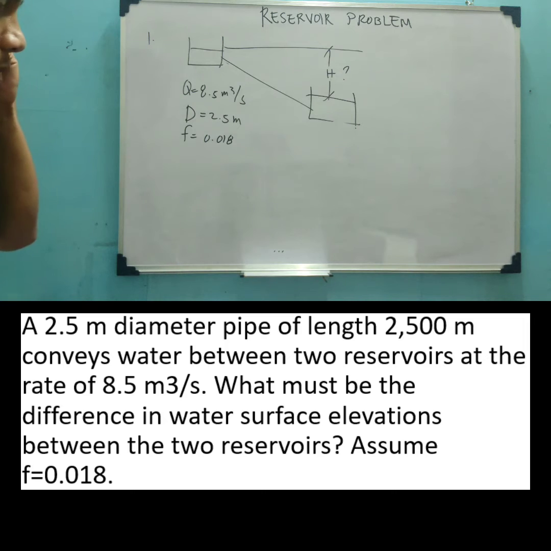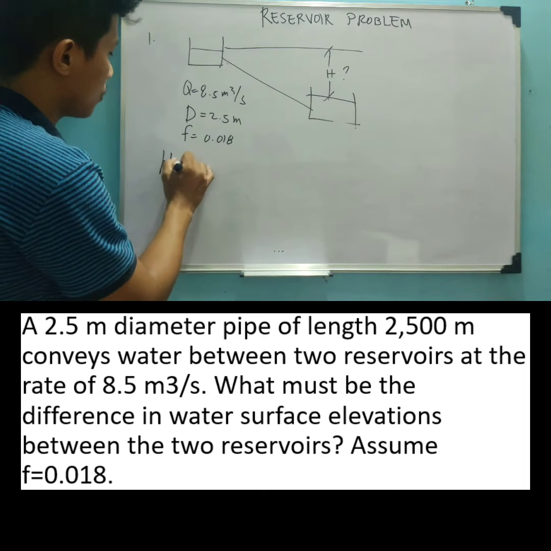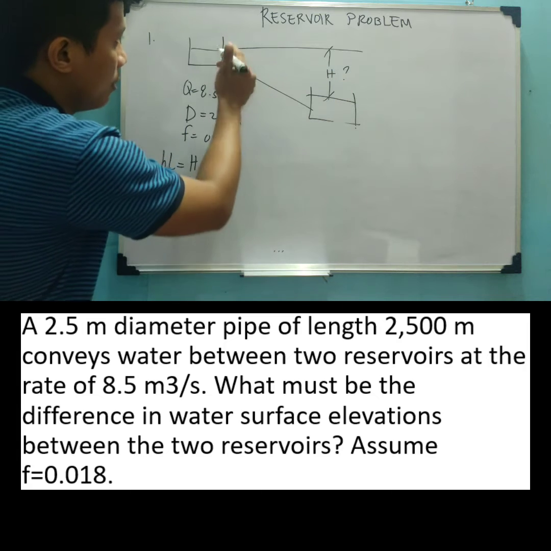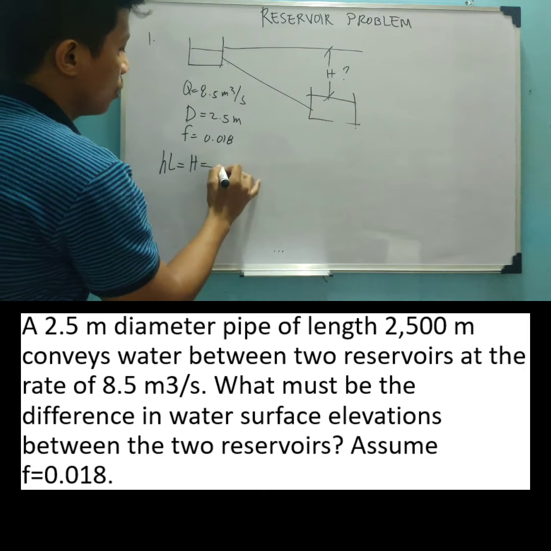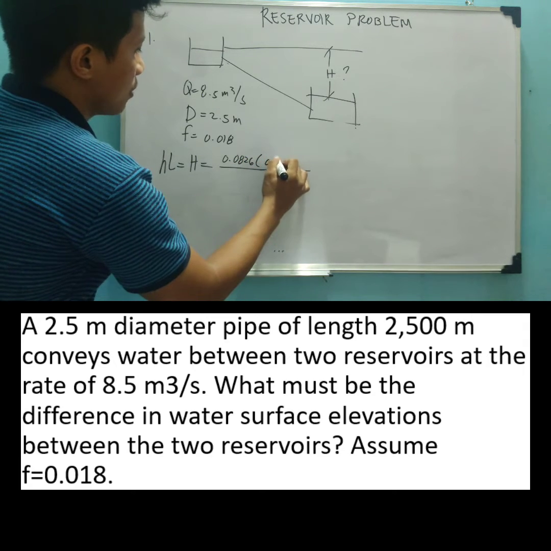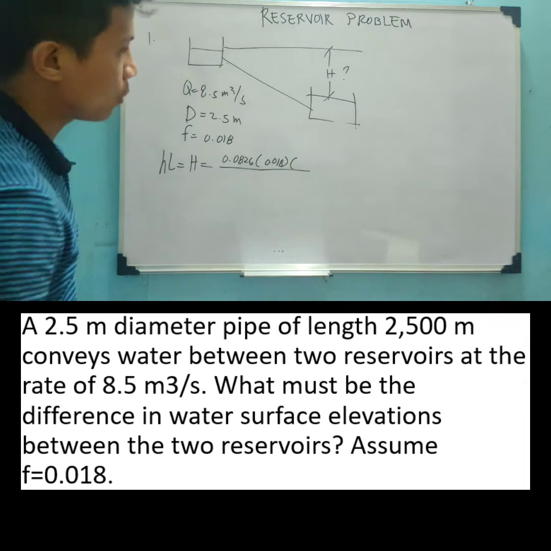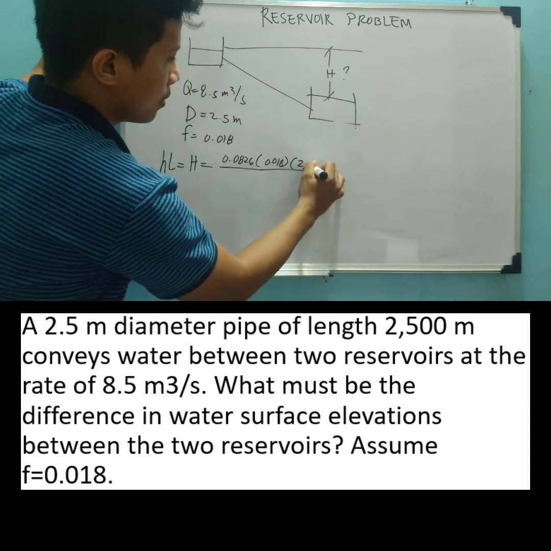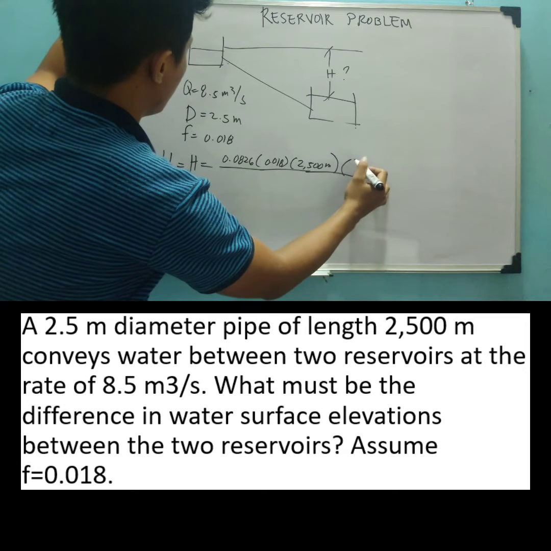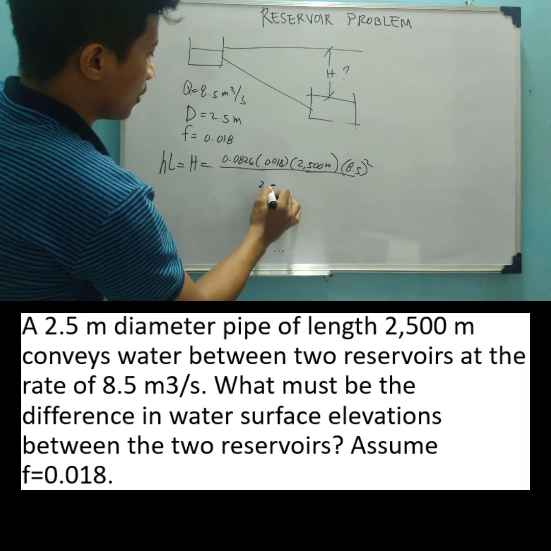To get H, we get the head loss. Total head loss is equal to the difference of elevation. So that is equal to 0.0826 times f of 0.018, times the length of 2,500 meters, times Q of 8.5 squared over 2.5 raised to 5.